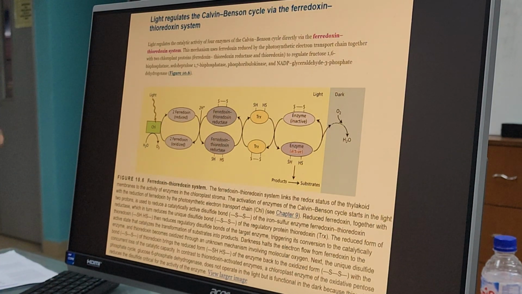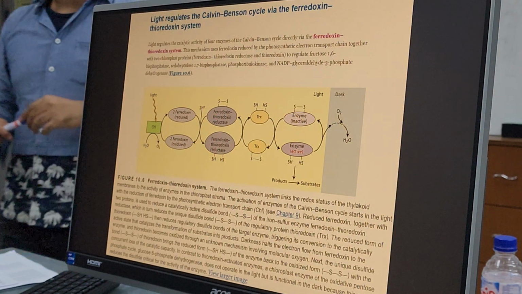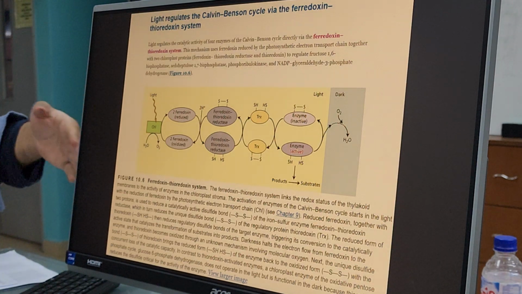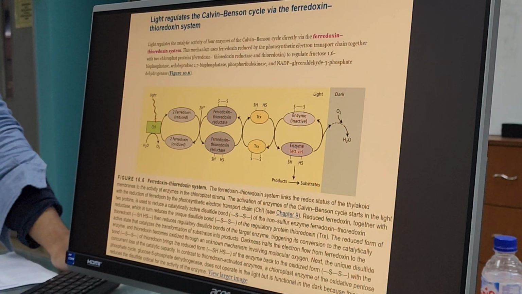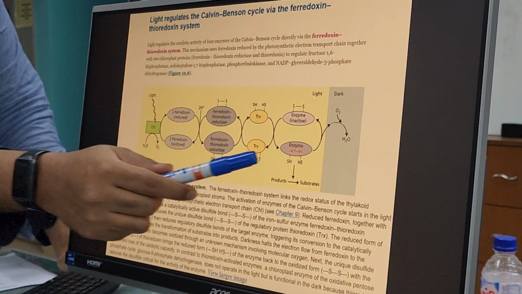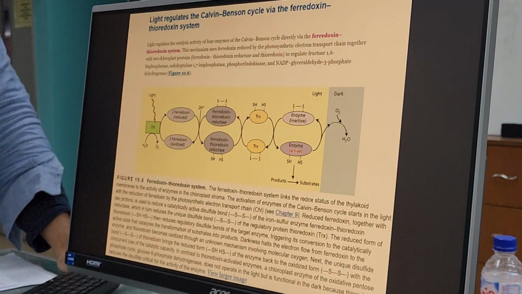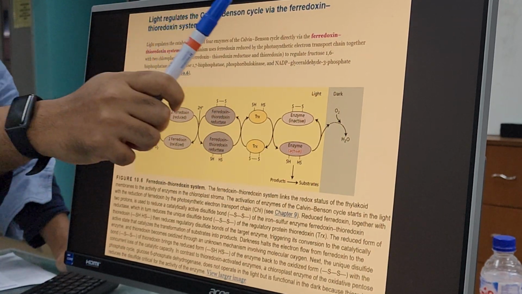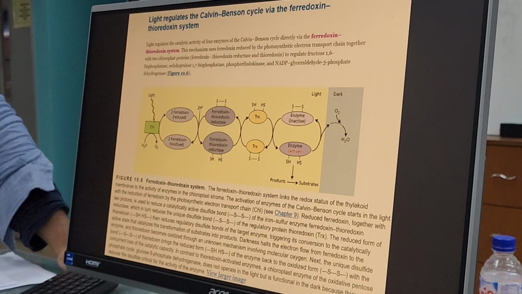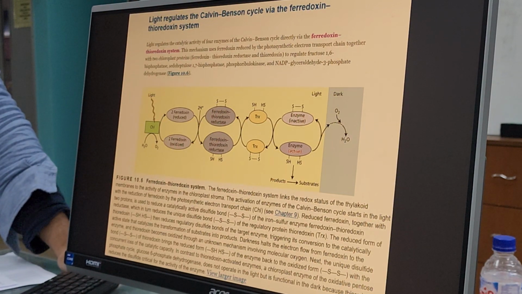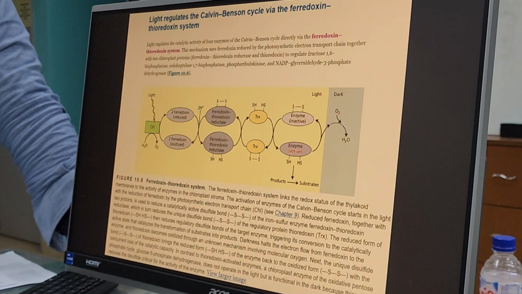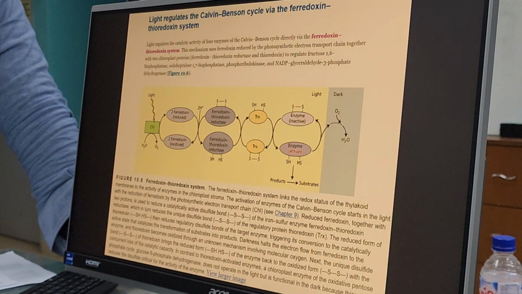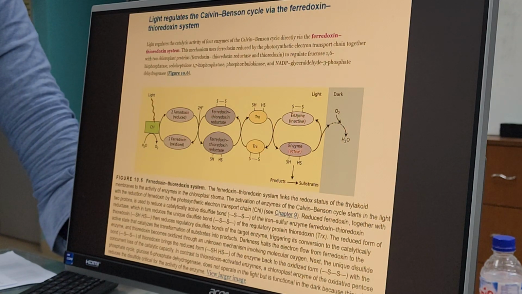This is unlike Rubisco. Even though it needs Rubisco activase, some people say that it still needs light, but that is indirect. You don't see Rubisco here. No, Rubisco is not here. Rubisco does not use the thioredoxin system to get activated. Rubisco uses this special carbamylation with the help of Rubisco activase, right?